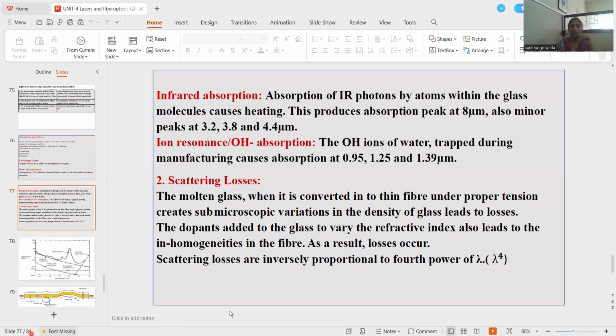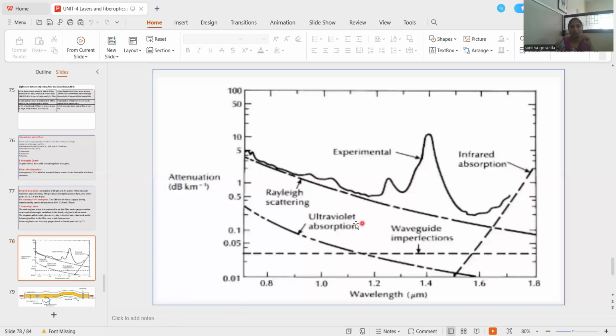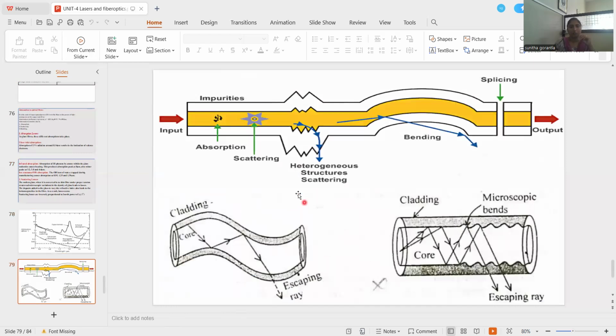Scattering losses are inversely proportional to the fourth power of lambda. This is the graph shown for wavelength versus attenuation, showing impurity absorption, scattering losses due to heterogeneous structure, and bending losses.